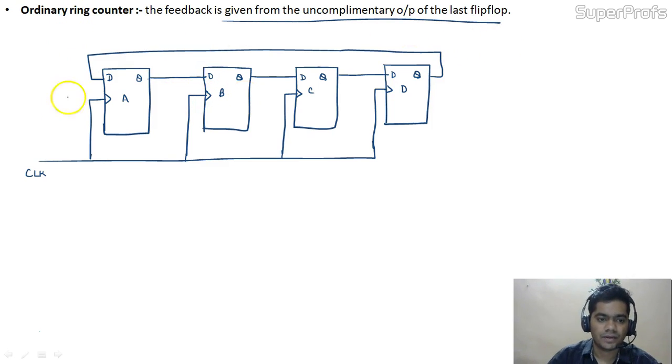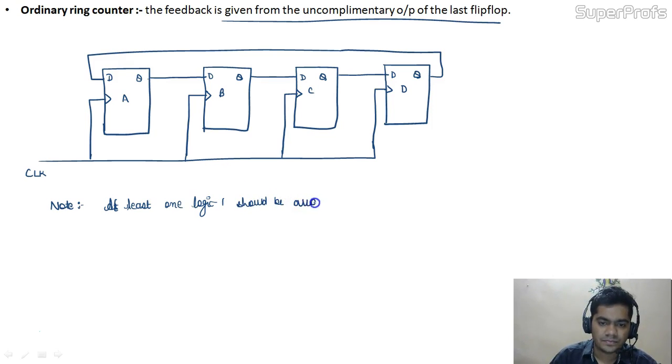One note point you can write here, that at least one logic 1 should be available to count the values. Okay, why is it necessary?